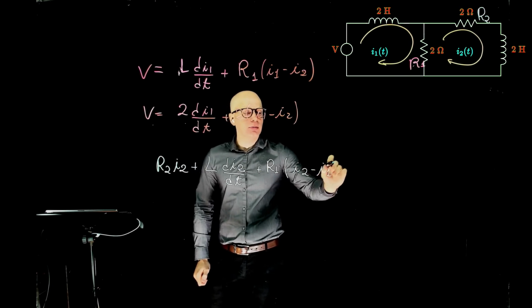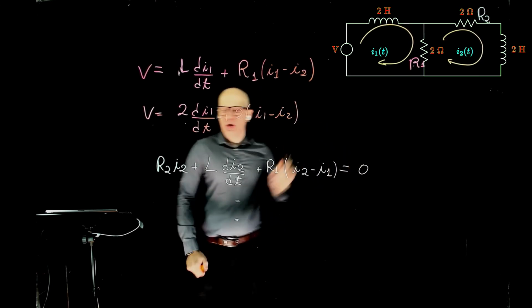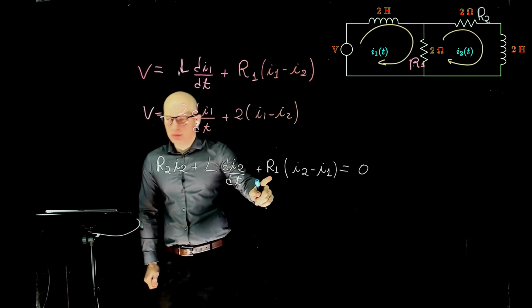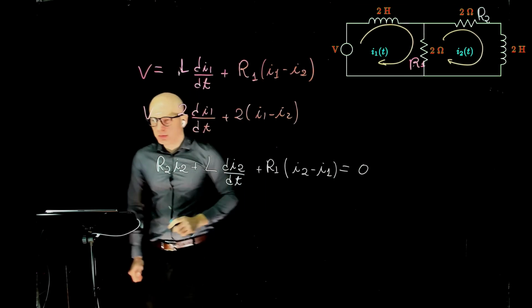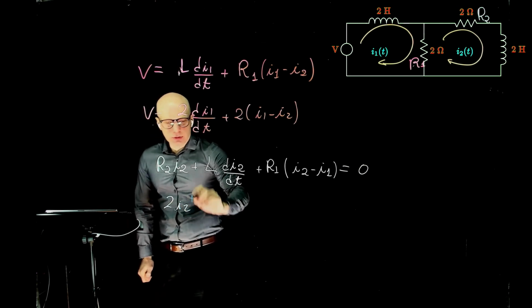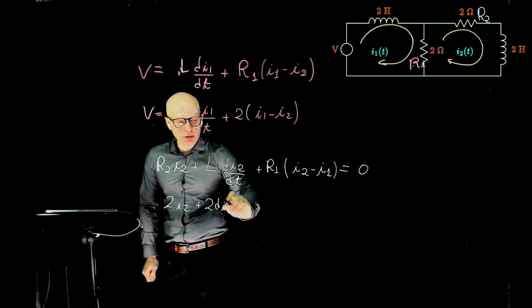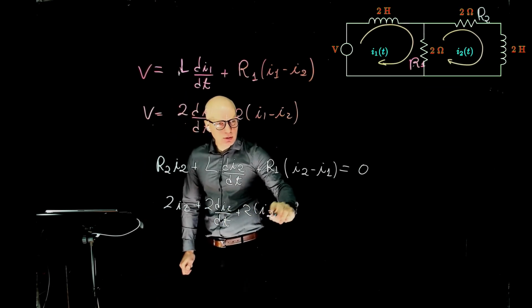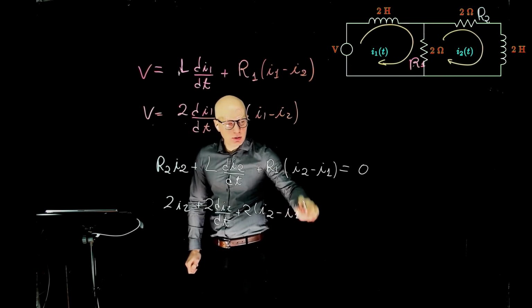Excellent. Minus V. There. Right, and now we can replace these. There are two, just number 2. So 2I1, 2I2, plus 2 di2 dt, plus 2I1, I2, minus I1 equals 0.